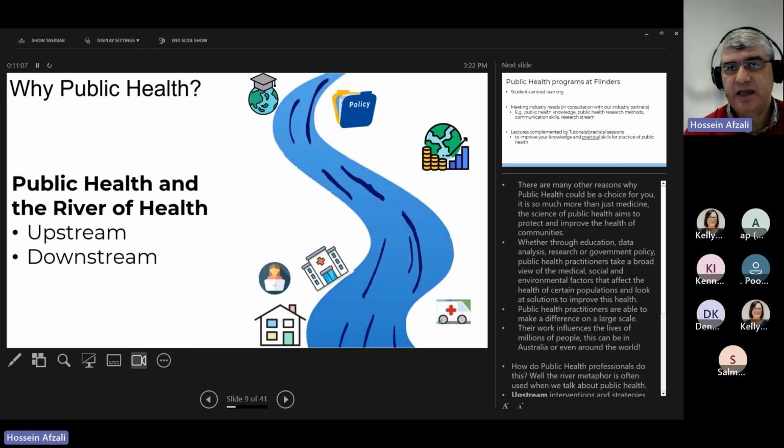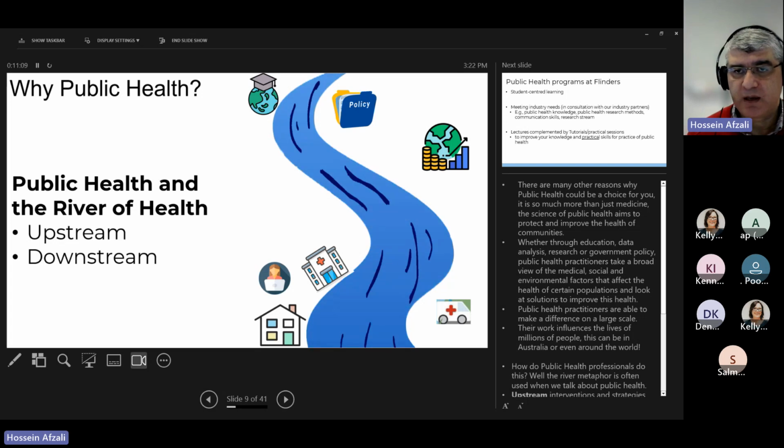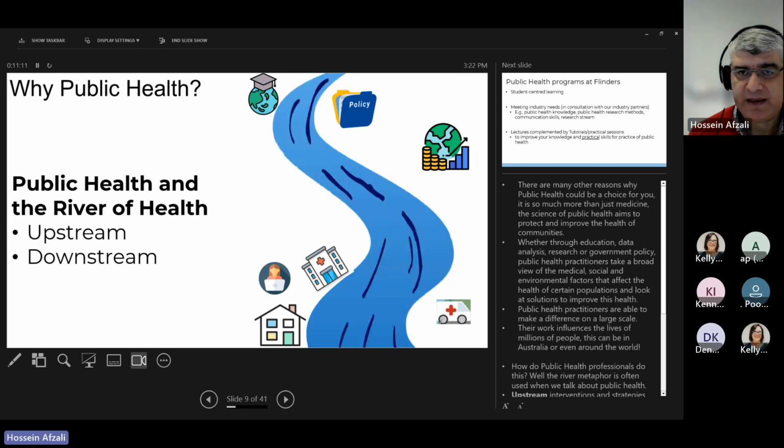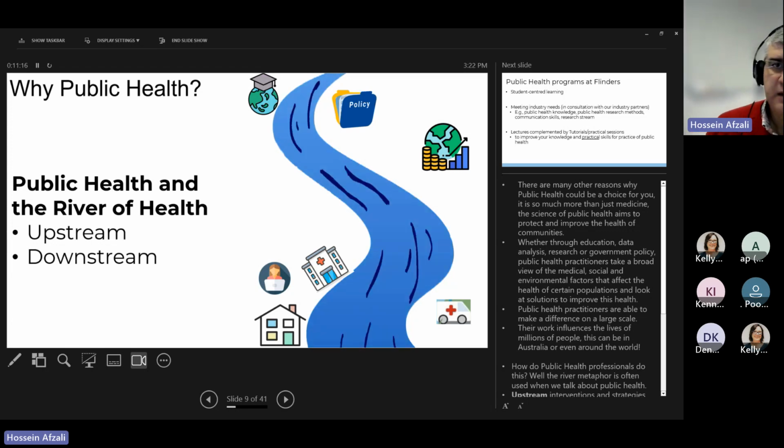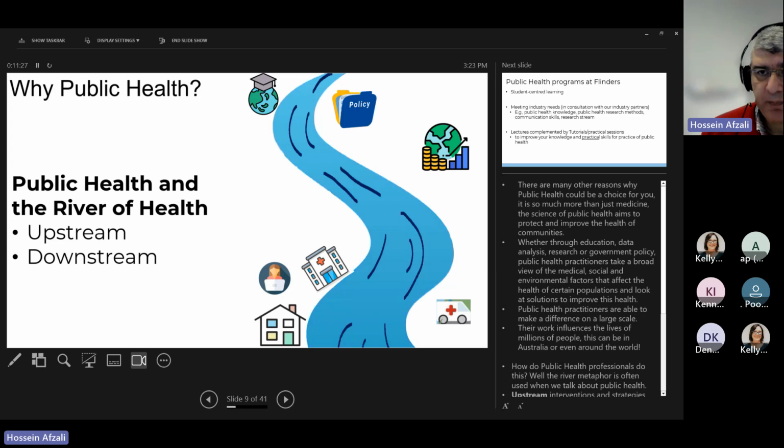But as you can see, public health practitioners, by developing, evaluating, and implementing public health policies and interventions, can change the direction of this river. How? For example, if you are a public health practitioner and, based on your expertise, you implement a colorectal screening program at the national level.